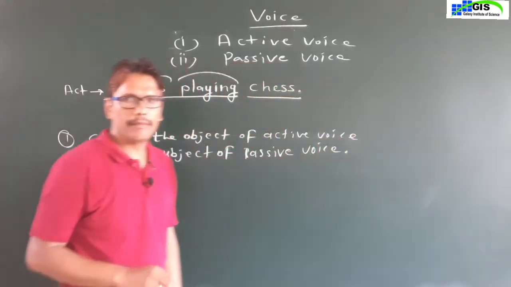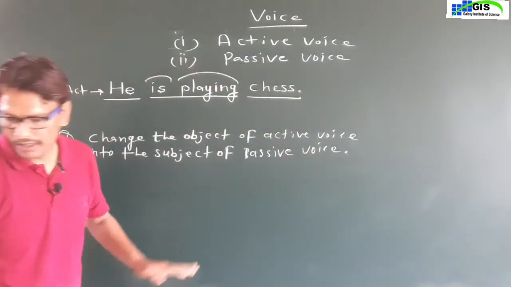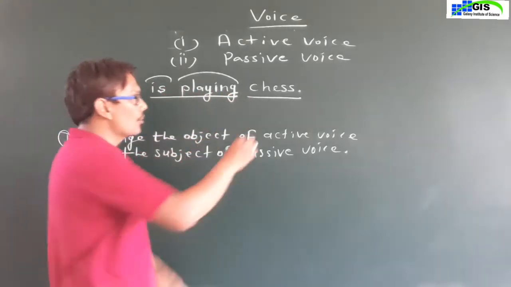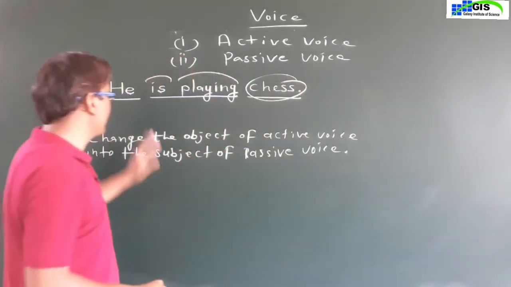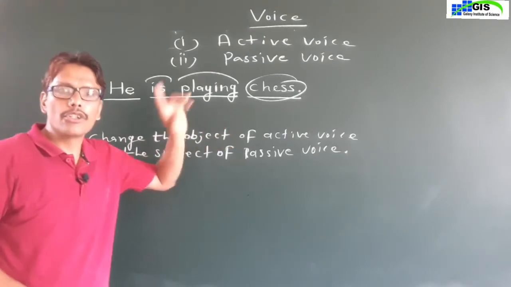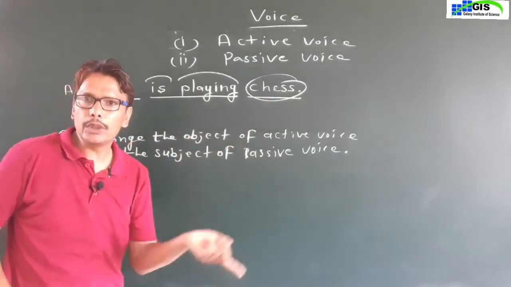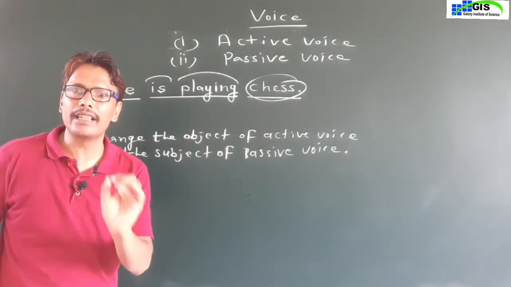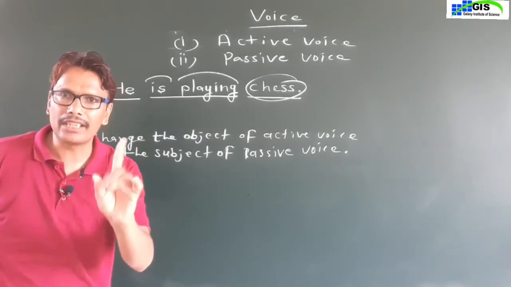Means to say, in this sentence, He is playing chess, chess is the object and the sentence is of active voice. So change chess into the subject and write it as the subject of passive voice.